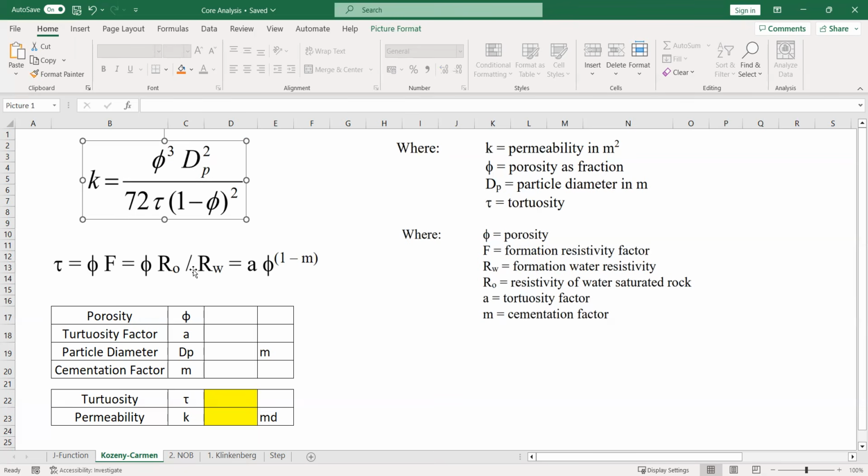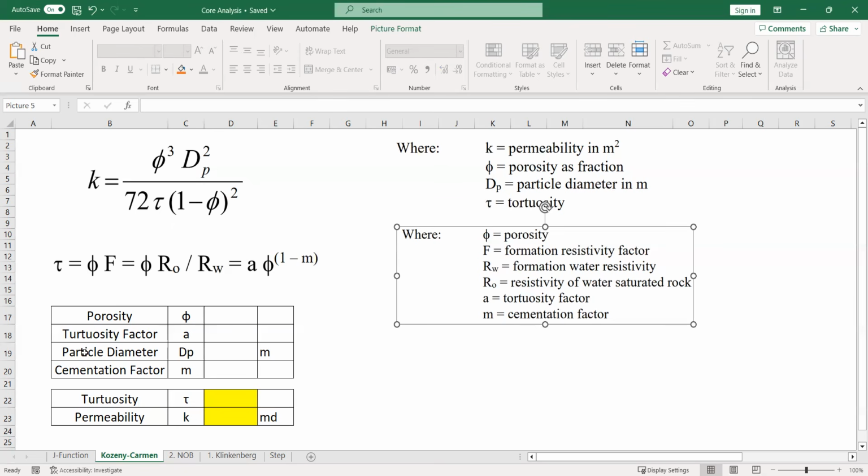And then you can calculate this with another form of equation, which is a, the tortuosity factor, multiplied by the porosity powered by 1 minus m, and the m is the cementation factor, right? So it's a petrophysical equation, which is very useful and quite popular, right?